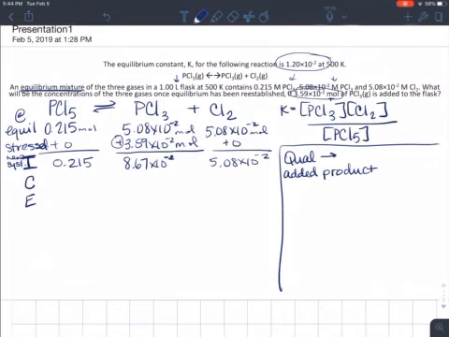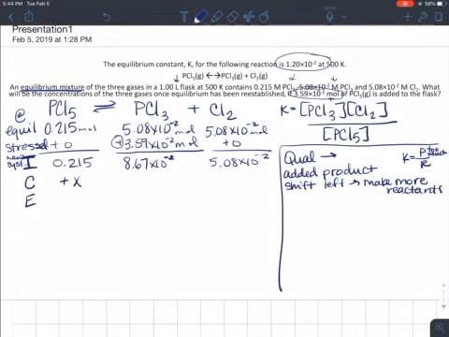So now, if we think in terms of the K expression, we have too much of this, which means we are going to consume some of those products and we are going to shift left because we need to make more reactants. If we make more reactants, that means that those reactants are going to have the positive value for the X because we are making more of them. We can't subtract and come out with more.